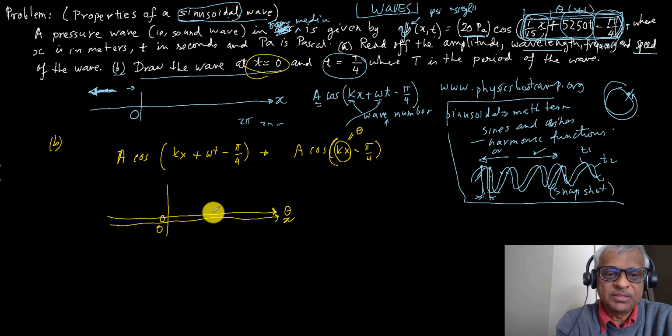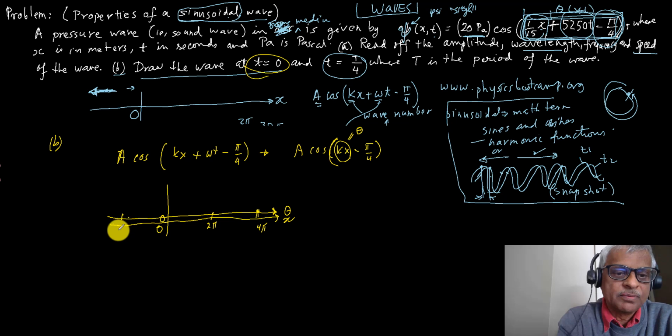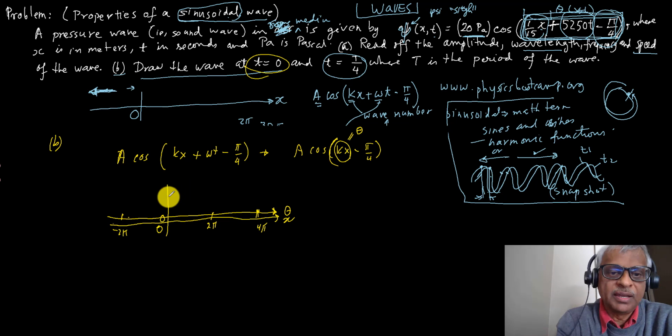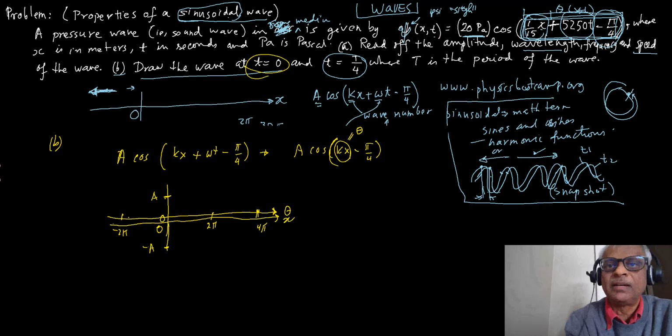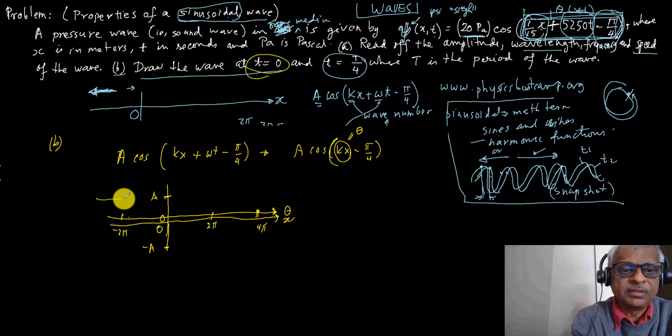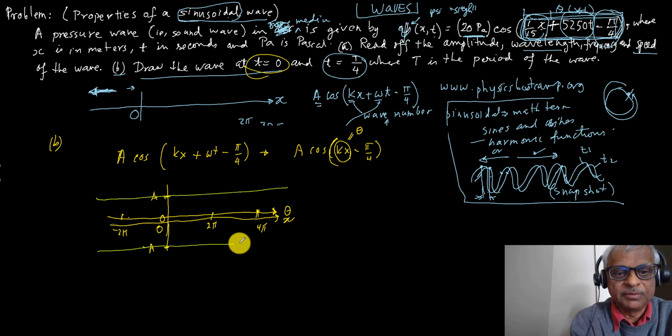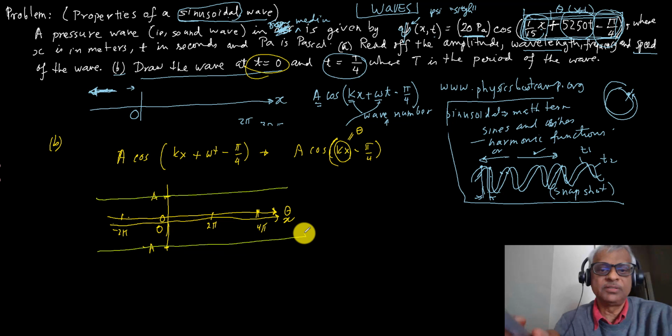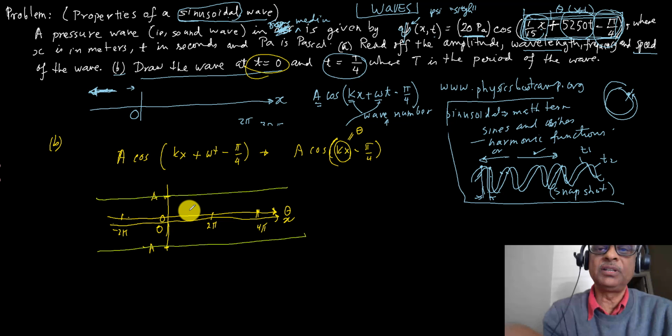Because theta will be easy to plot, 2 pi, 4 pi, minus 2 pi, and you'll go from plus A to minus A. So let's draw the edge so that I have nice limits within which this function will vary.